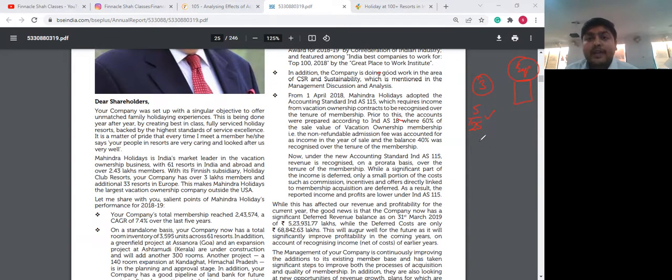So when IND AS 115 came, equity saw a huge drawdown, or rather most businesses saw a huge drop in equity, because those amounts were backed out and placed in deferred revenue in the liabilities section, because as per the new accounting standards, they are no longer earned in the eyes of IND AS 115. And every year you earn it on a pro rata basis, each 1/5, 5/25, 5/25, 5/25.